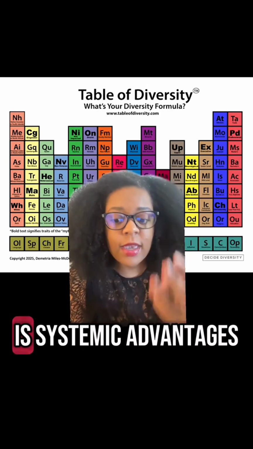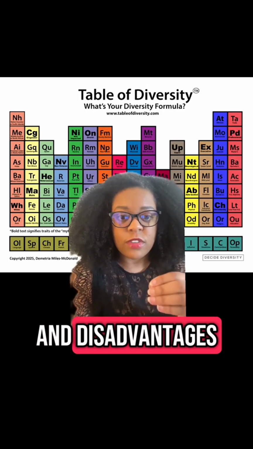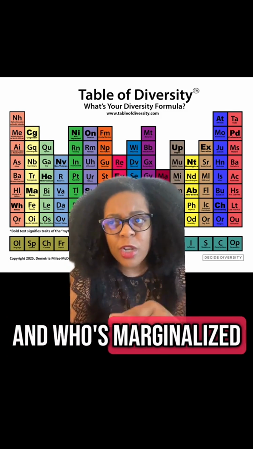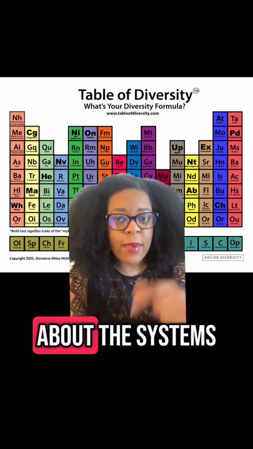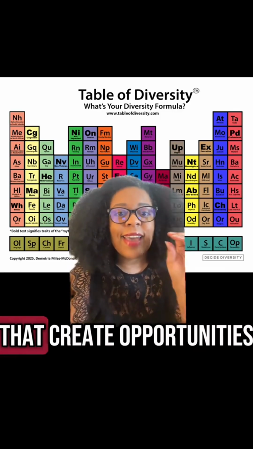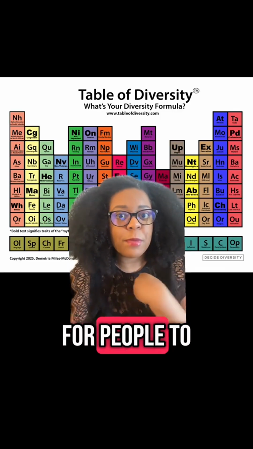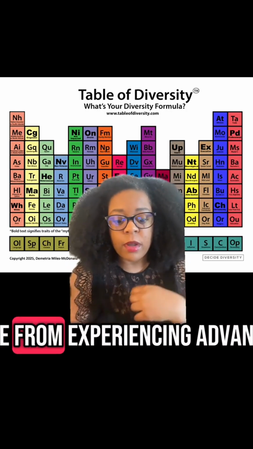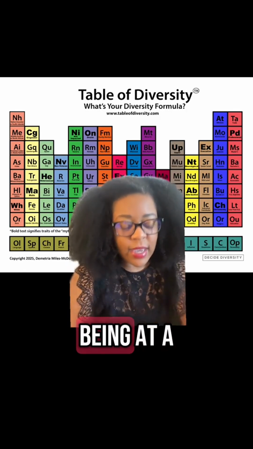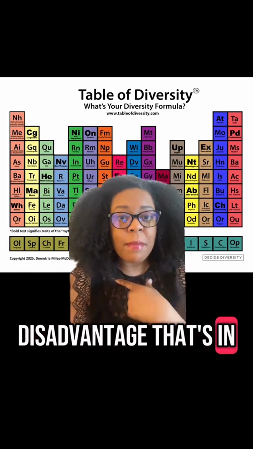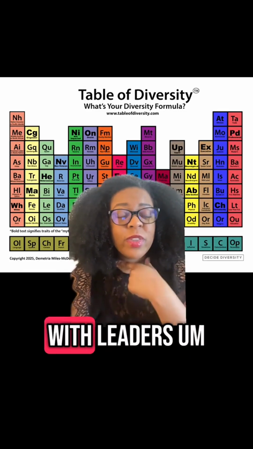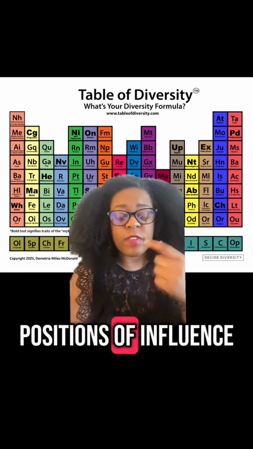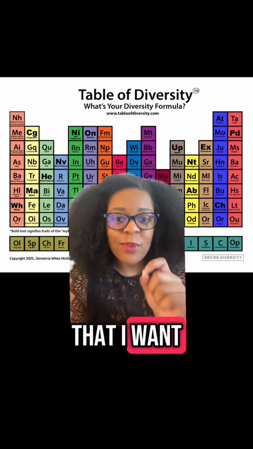The third thing is systemic advantages and disadvantages. When we think about identity, when we think about who's privileged and who's marginalized, we're really talking about the systems that are in play that create opportunities for people to be at an advantage, that create barriers that prevent people from experiencing advantages, being at a disadvantage. That's, in my work, the work that I'm doing with leaders, with people who have power, who are in positions of influence, the thing that I want them to focus on.